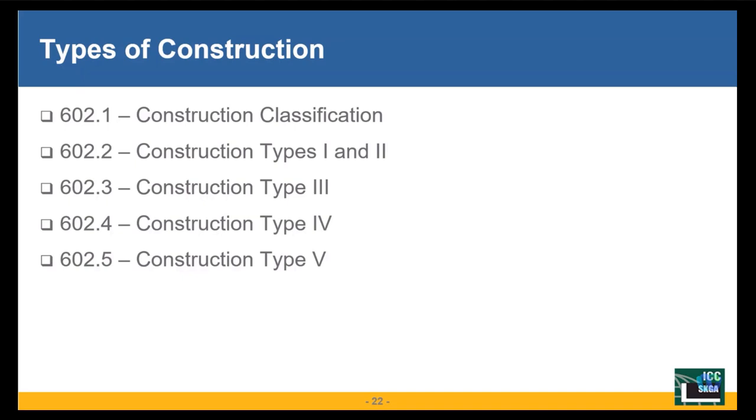However, when the code imposes restrictions, it allows you to build in large area or height, because the type of construction is the most fire resistive type, which will allow the building to perform at a high level and lower risk.